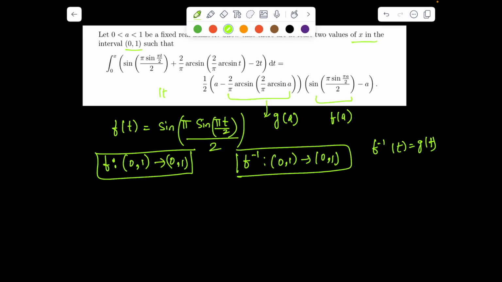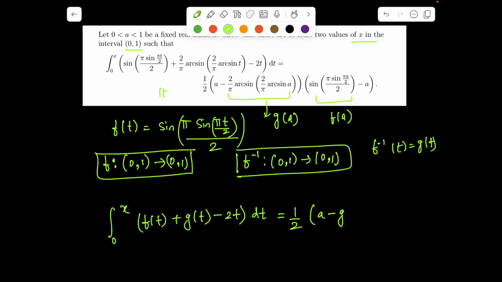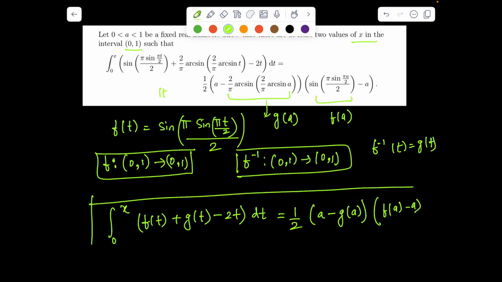So now I can manipulate the given expression, and it can be written as the integral from 0 to x of f of t plus g of t minus 2t dt equals half times a minus g of a, times f of a minus a.